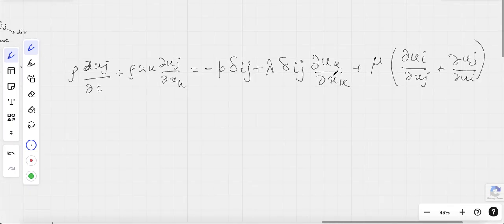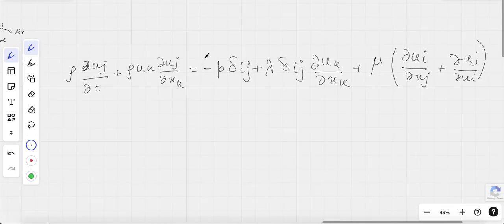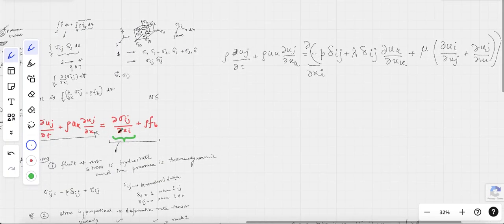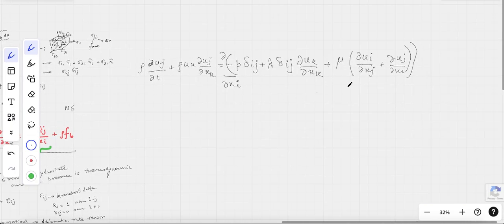I think I've written it correctly. This entire thing was on a derivative, right? This one is only the sigma ij that I wrote. Plus, pardon my handwriting, rho fp.